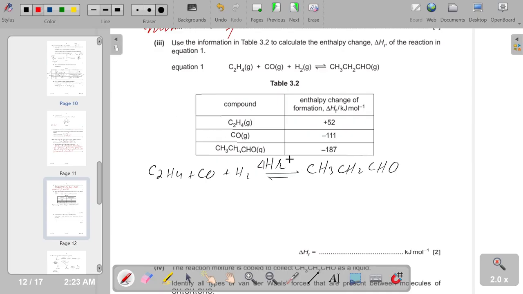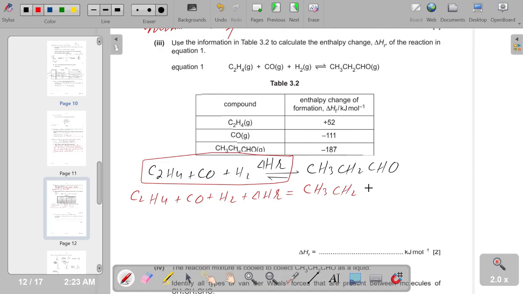Okay, so add these things, combine these things, the reactants with this delta HR, everything. So I'm writing it: C2H4 plus CO plus H2 plus delta HR equals, now you write the product side, CH3CH2CHO. I hope you got this point.